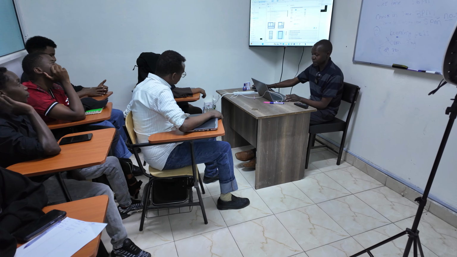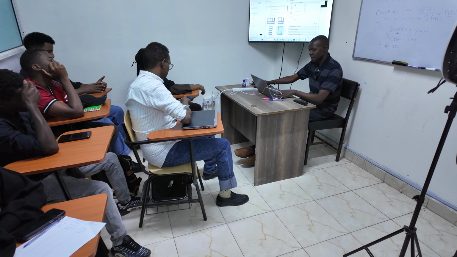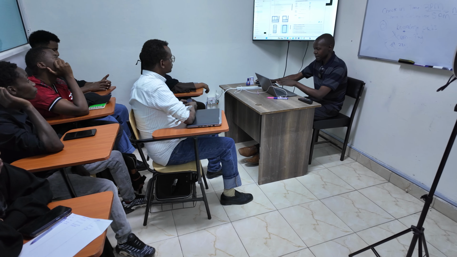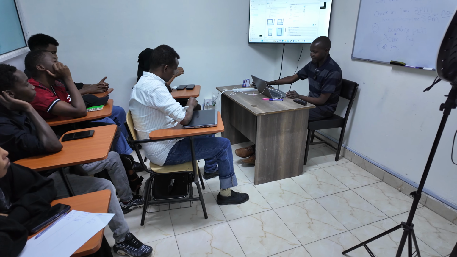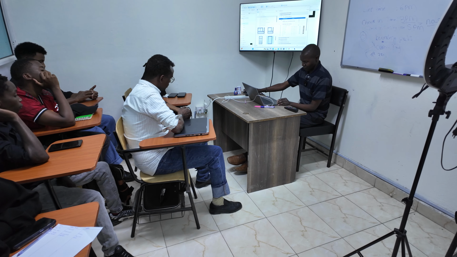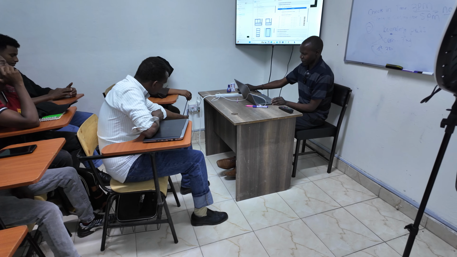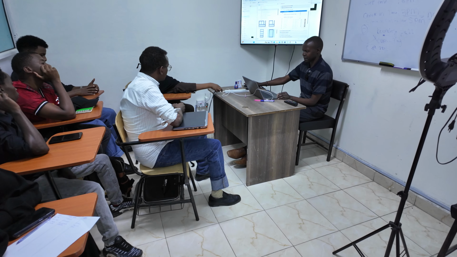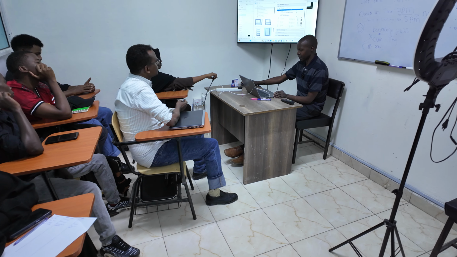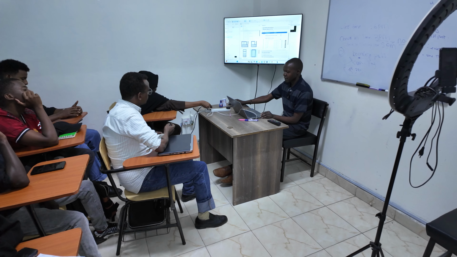So let me do maybe 1500. That's the width and the height, a 15 by 15 window. Then here in the settings, we can change, for example, the glass. You see here, we have the glass.